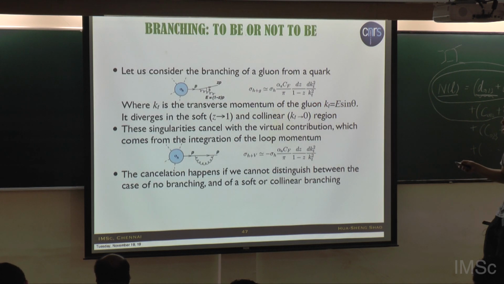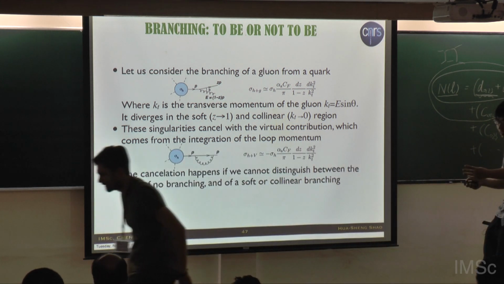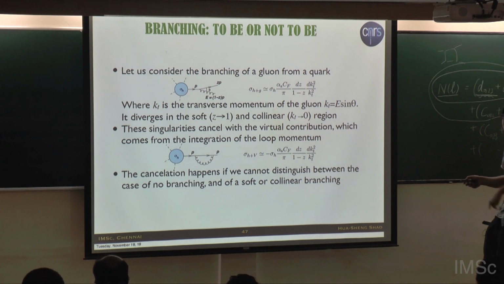So that's us. The good thing is we can understand this, because in general the phase space integration is very complicated, right? Especially in D-dimensional phase space integration, you cannot use Monte Carlo techniques directly because your integral is D-dimensional. The good thing is that the singularity of the real, in fact, is predicted by QCD and is universal.